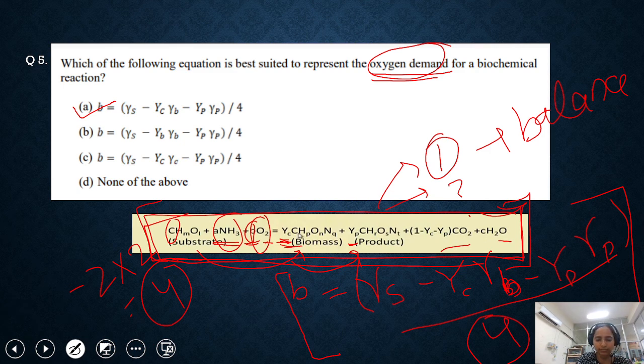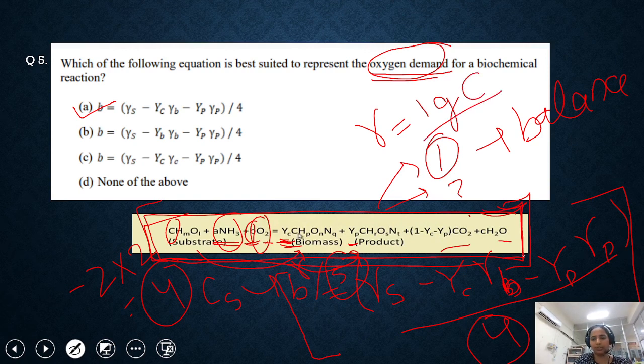If it has more, like suppose 5 carbon, then when we find this, the gamma will be divided by 5, because gamma is mainly considered for 1 gram of carbon atom. Okay, so please everyone remember this equation.